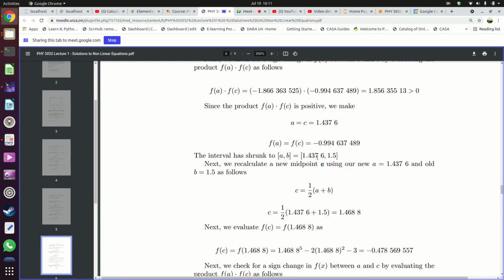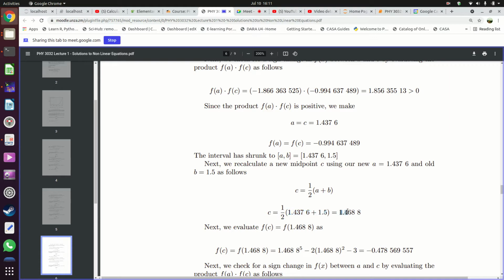So using this A, 1.4376, and B, 1.5, C is going to be equal to half A plus B. So that's going to end up with C equal to half 1.4376 plus 1.5.